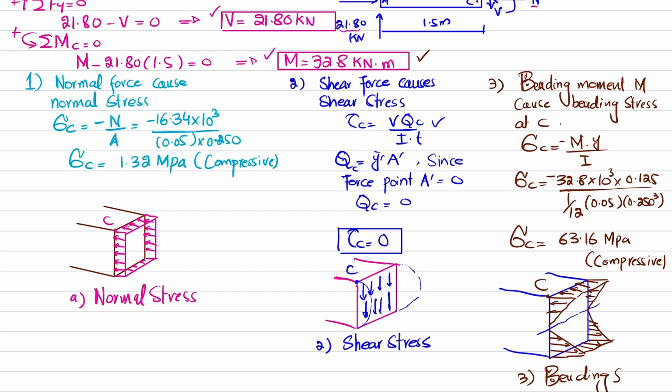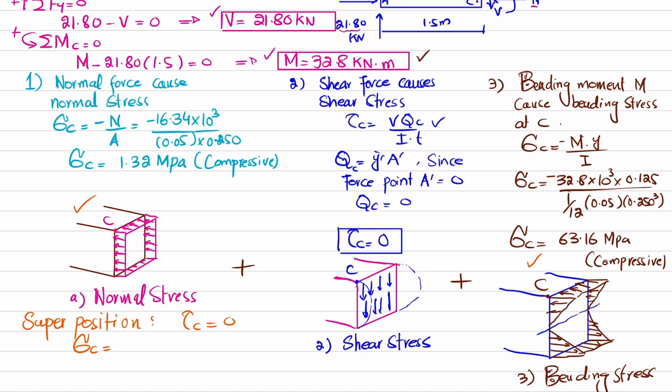Now all the combinations will give you the state of stress at point C. So I will conclude over here that we will use superposition, and what superposition says is that since shear stress is 0 at point C, normal stress at point C is equal to the combination of case 1 and 3.